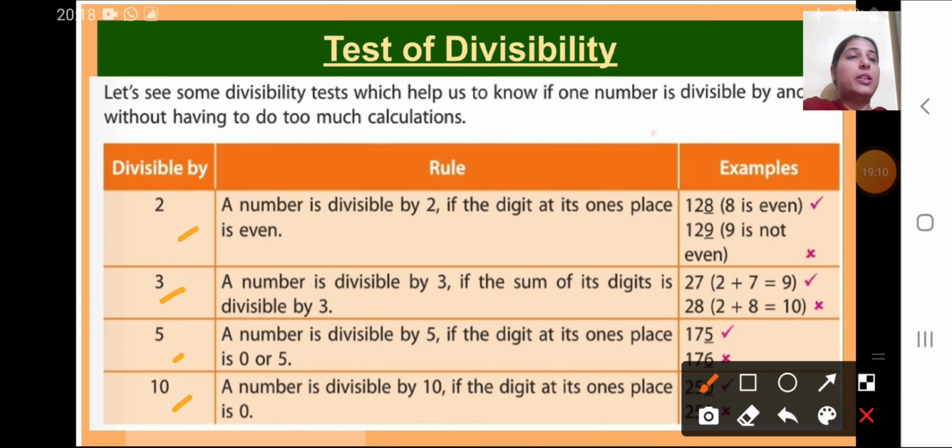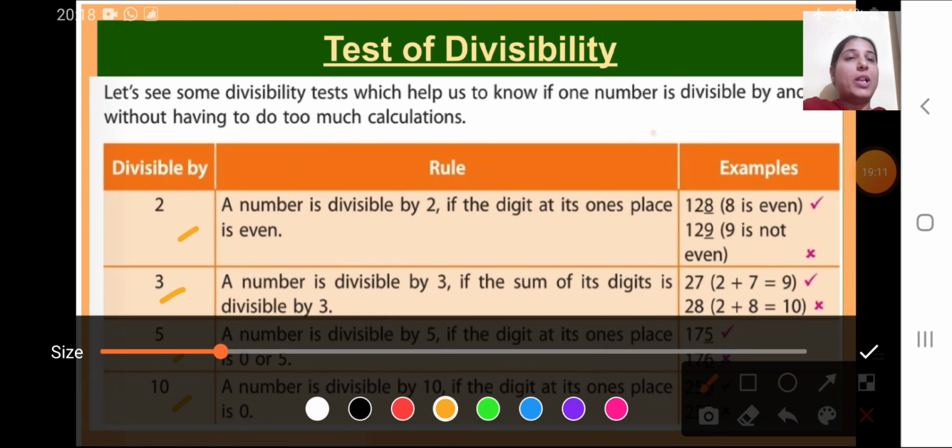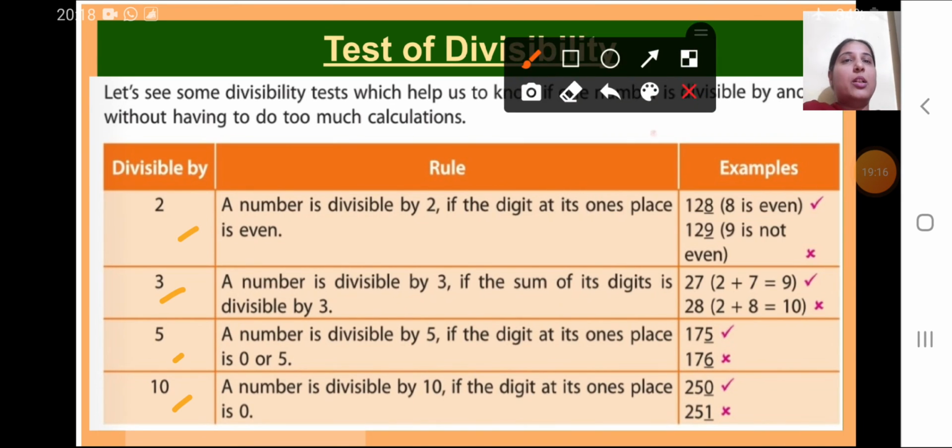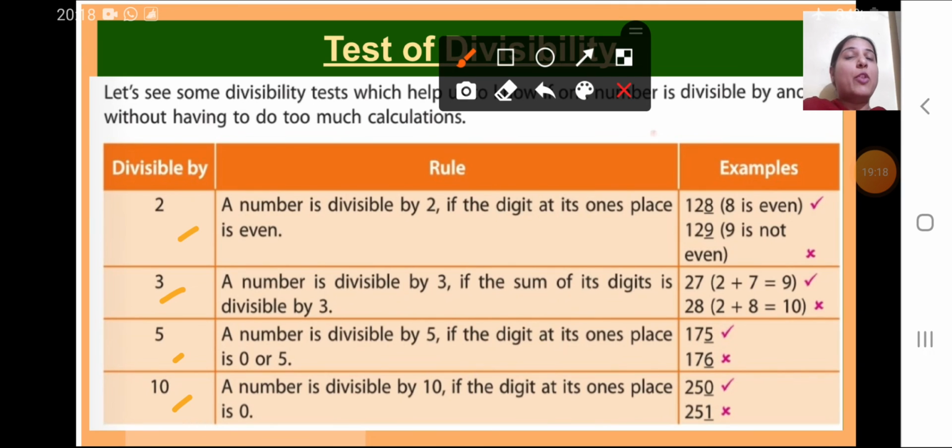5 or 10 or not. So what are they? First you just see here. If you have to find whether a number is divisible by 2 or not, you just look at the ones place of that given number. If the digit at the ones place is an even number.